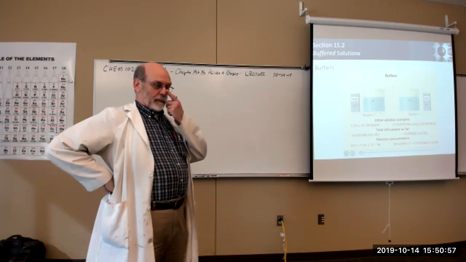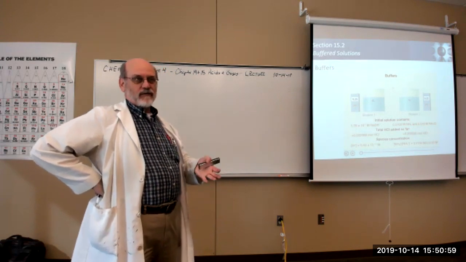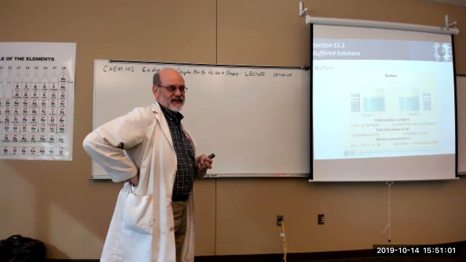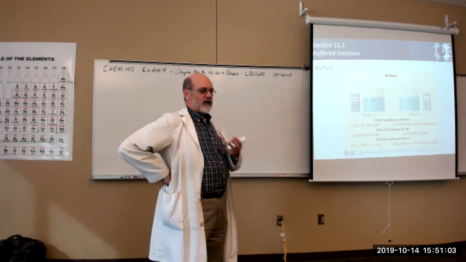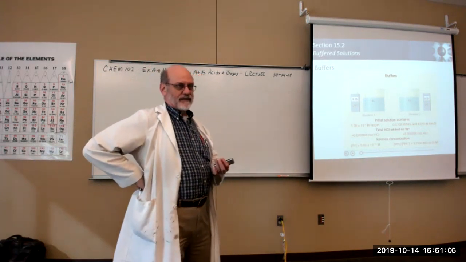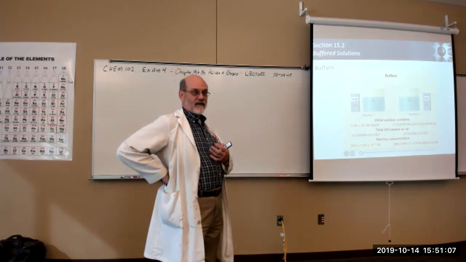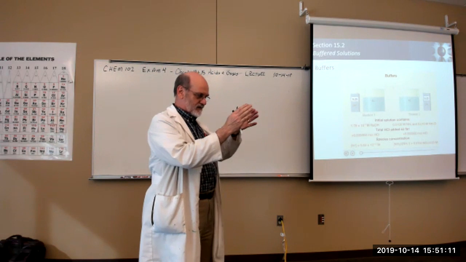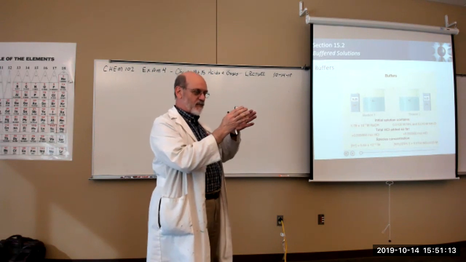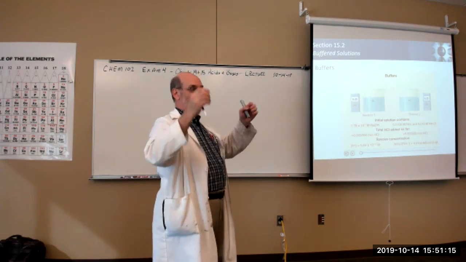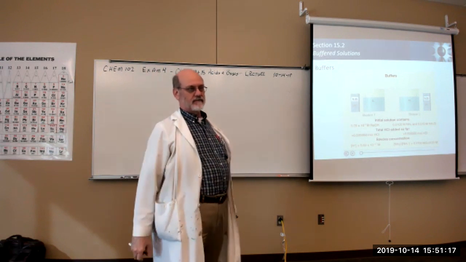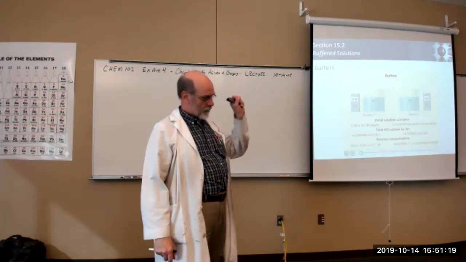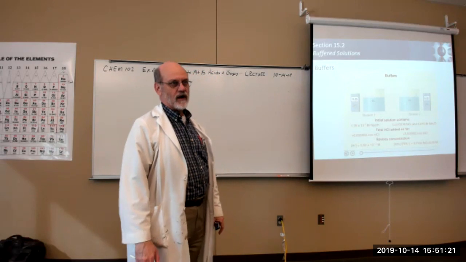So the buffer doesn't last forever. The terminology is buffer capacity. How much buffer capacity do you have? You can have a buffer range, but once you've exceeded the capacity, then you're outside that range and the sky's the limit. Adding more acid, the pH drops like a rock.